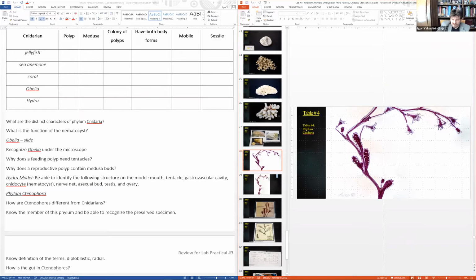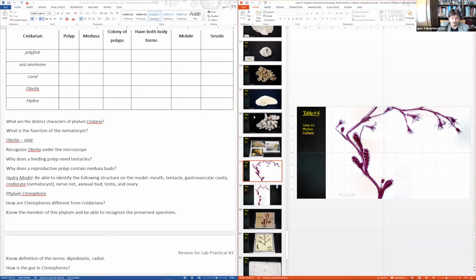And those other ones contain tiny little bitty round things. Those are the tiny little bitty medusas. They will literally shoot them out, and then the medusas will float, and then another medusa, and they will have sexual reproduction, and then new Obelia will start growing. Make sense? So the feeding polyp does need tentacles to get to the prey. Why does the polyp contain a medusa bud? For the sexual reproduction.